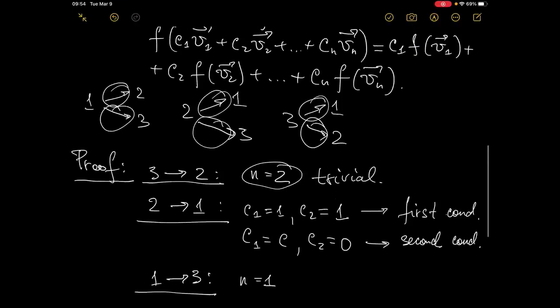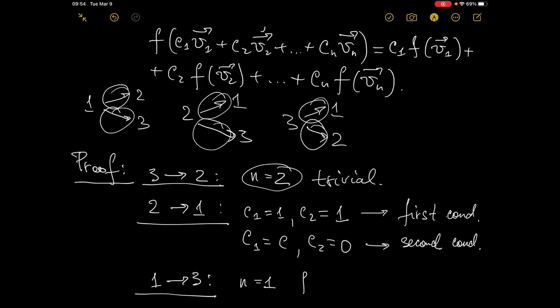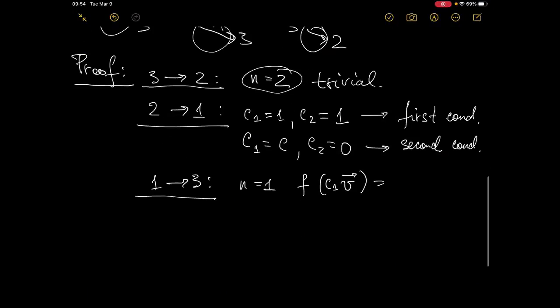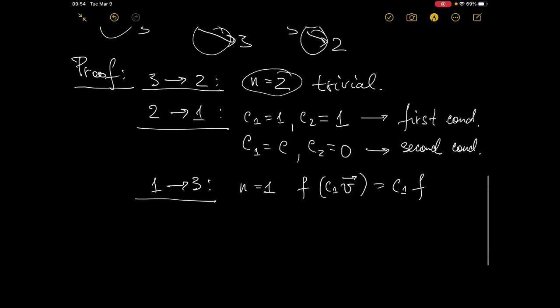So this results in the following: f of c1. The case n equal to 1 follows from here immediately, from this, right? So it works for n equal to 1. Is it clear or not?